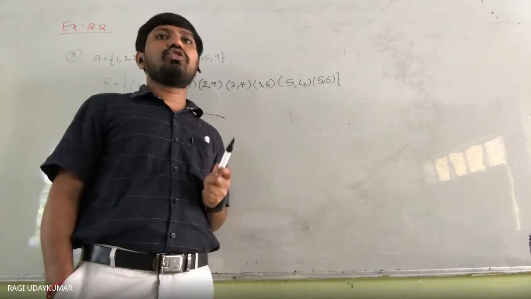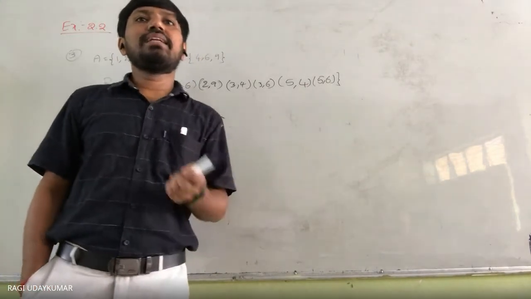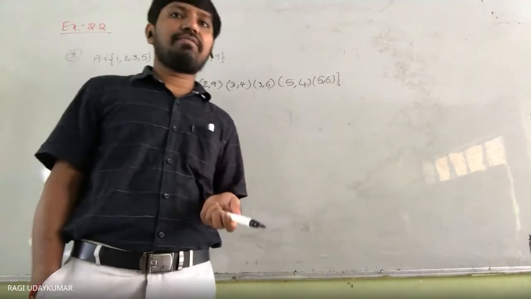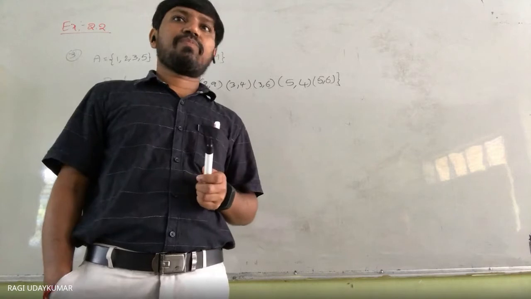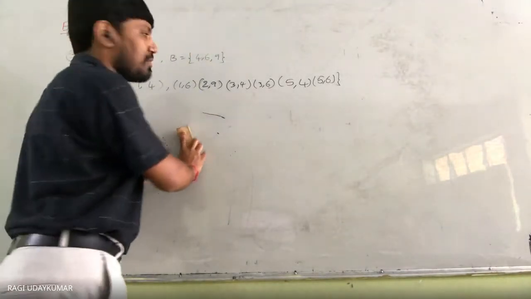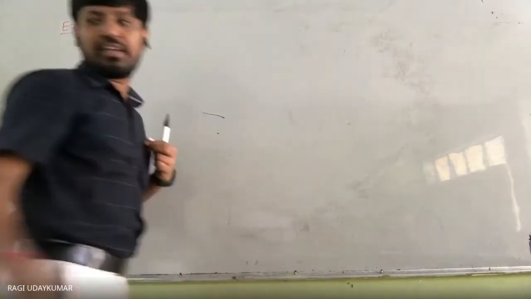Next, coming to the fourth question. The figure is given showing the relation between P and Q. Write this relation in set builder form and in roster form.